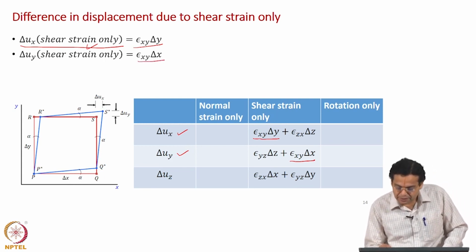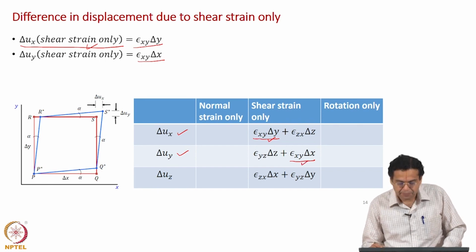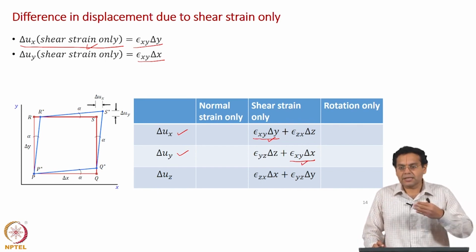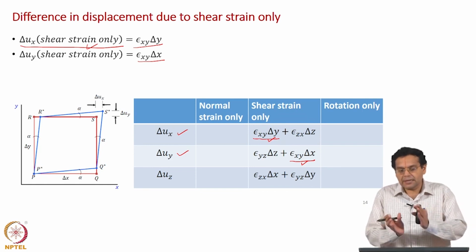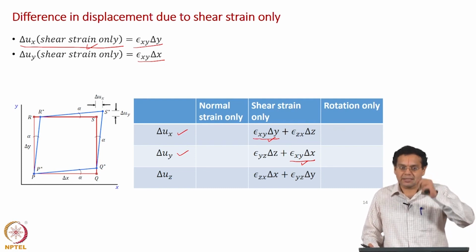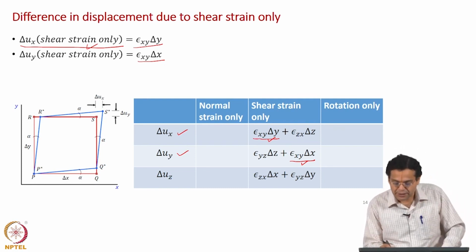So, these are the two terms which we have written based on the strain in the xy plane. We have considered the xy plane, considered the strain, which has resulted in displacement in 2 directions, one in the x direction and one in the y direction. So, one entry should be here, another entry should be here.